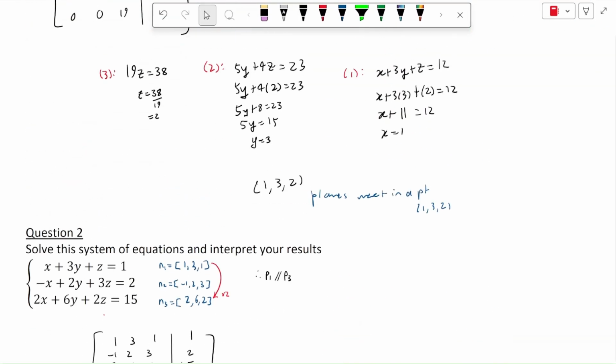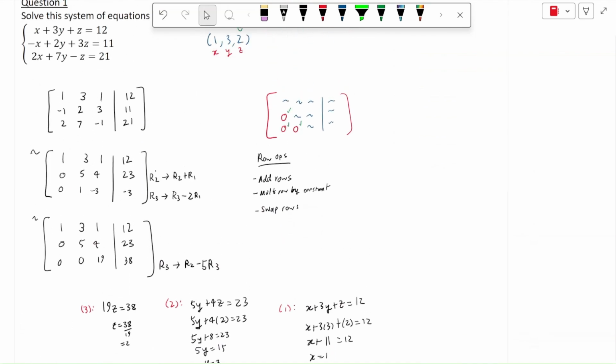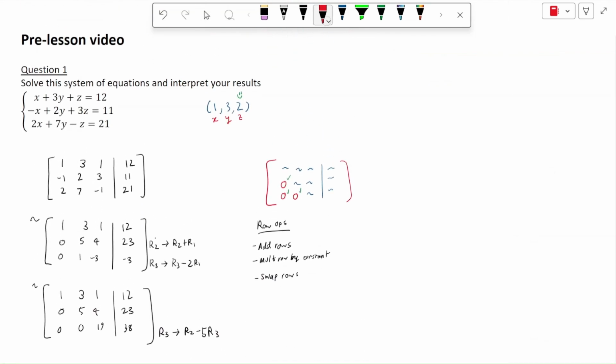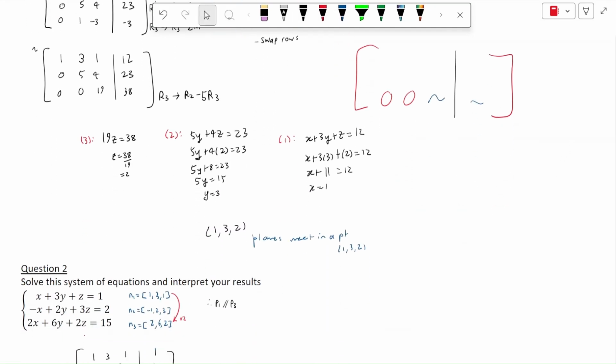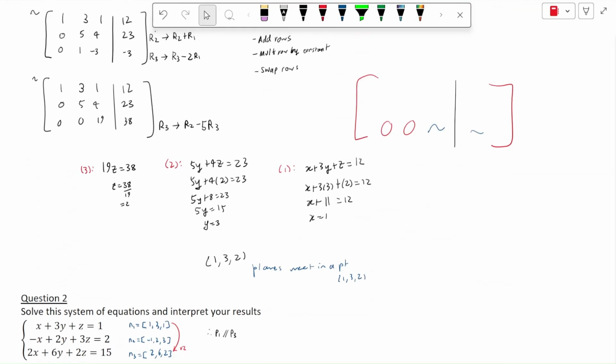So basically, in the one that we had up here, the bottom of the augmented matrix looked like 0, 0, something that wasn't 0, and it doesn't really matter what that last thing is. That was the 1 solution.